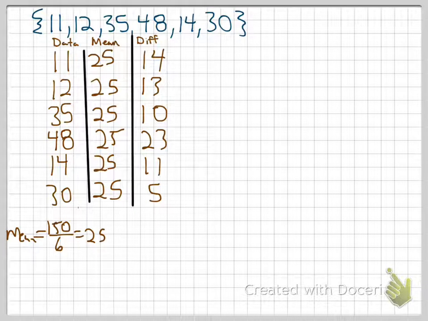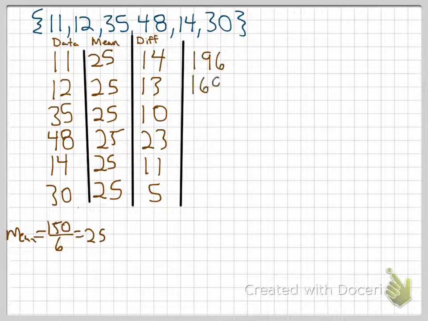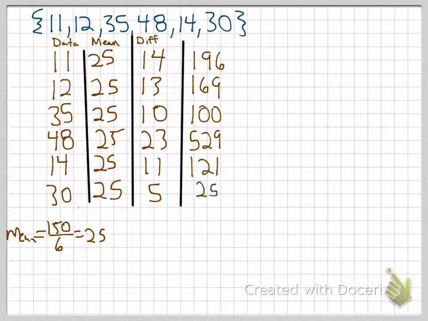The next step on our list was to square each of the differences. So I'm going to take each value in that column and square it. 14 squared is 196, 13 squared is 169, we get 100, 529, 121, and 25.